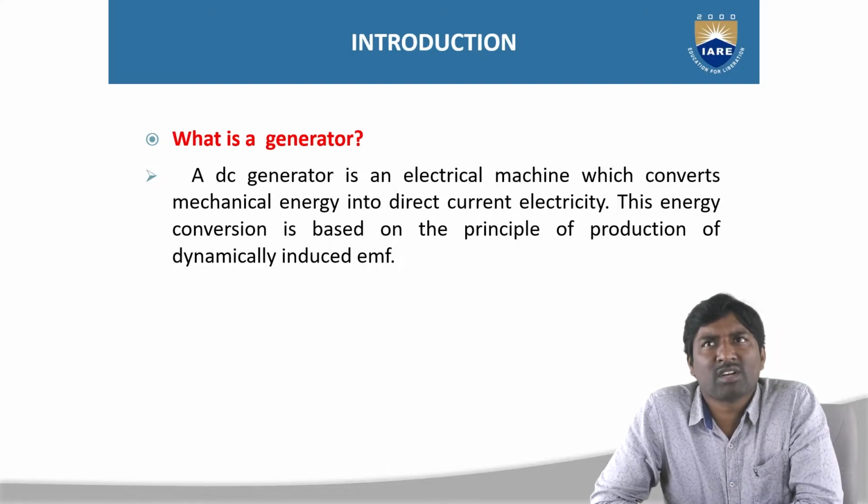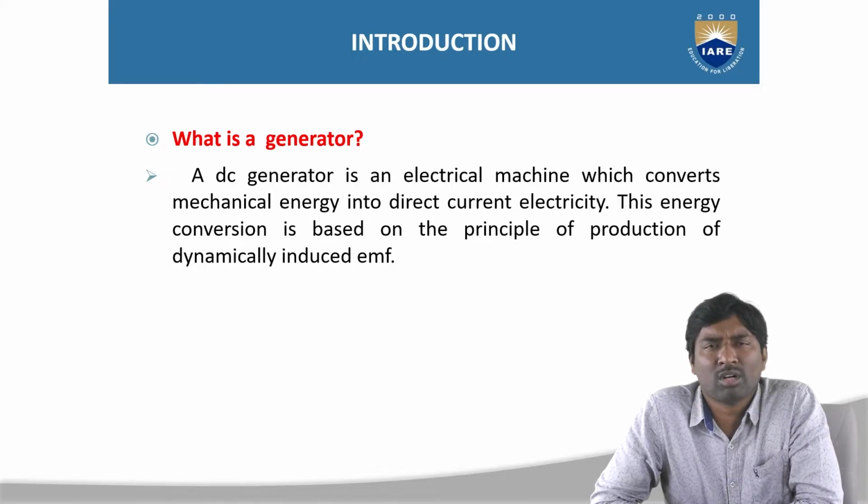This energy conversion is based on the principle of production of dynamically induced EMF. According to the dynamo principle, the electromechanical energy conversion process takes place in the DC generator.